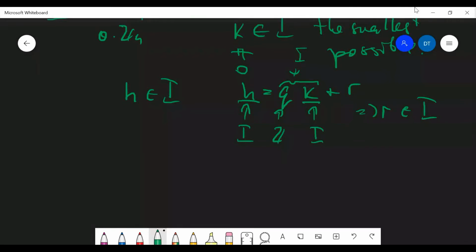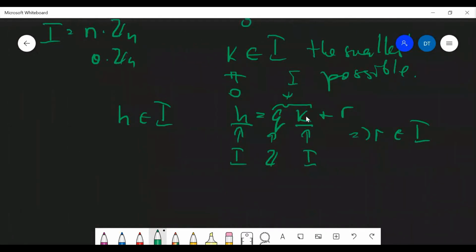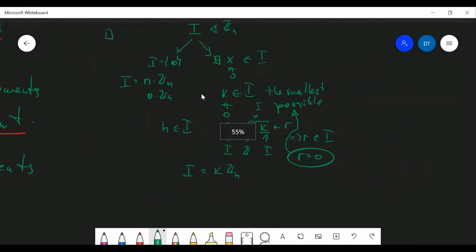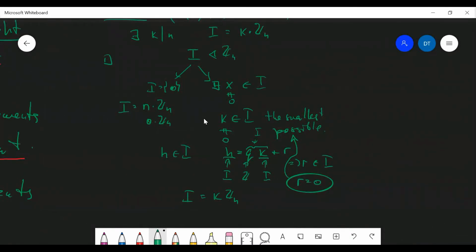But by the definition of division with remainder, r must be strictly smaller than k, and k was the smallest possible non-zero element in I. So the only option for r is to be 0. This simply means that every element of I is divisible by k, so I is of the form k times Zn. So as you can see, every ideal of the ring Zn is of this form.